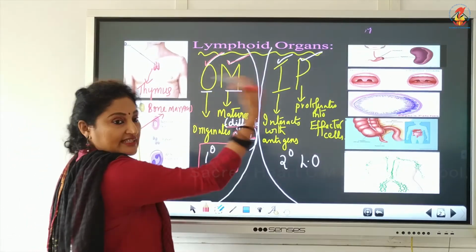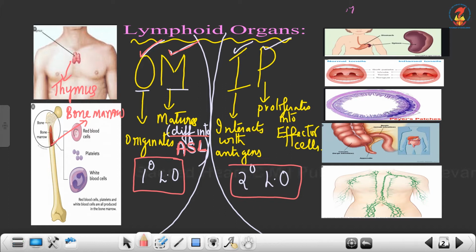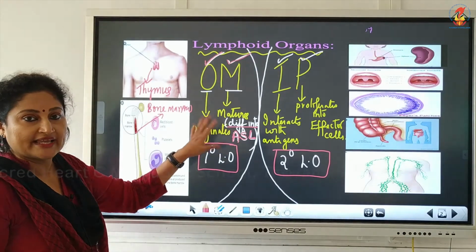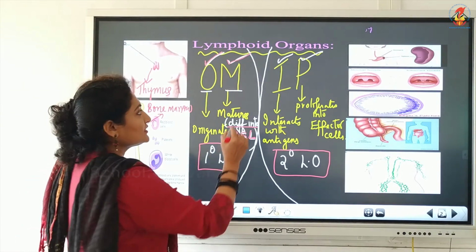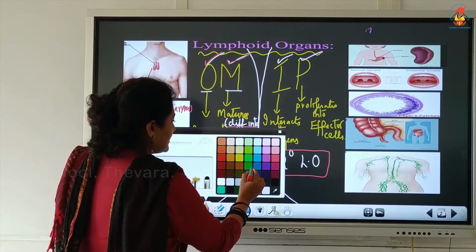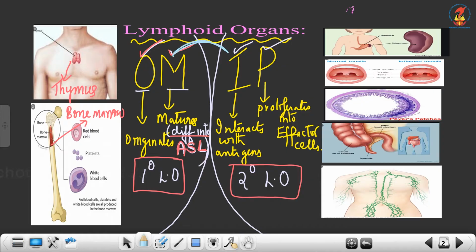Next, moving on to secondary lymphoid organs. Now, after maturation or after differentiating into ASL, that is antigen sensitive lymphocytes, what happens is they migrate. See, I am putting an arrow. They migrate from the primary lymphoid organs to the secondary lymphoid organs.